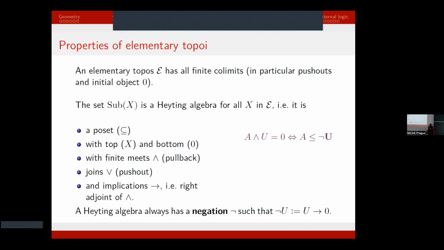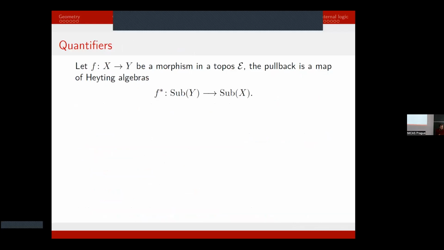So what this property means is that not U is the biggest possible element such that intersected with U gives 0. And it turns out that it's no longer true that not not A is A, nor is it true that A or not A is true. So the excluded middle is not true anymore. And this is what we are working with.